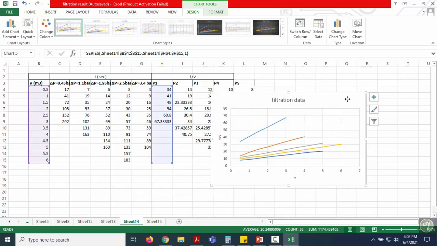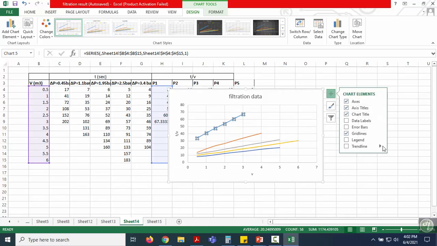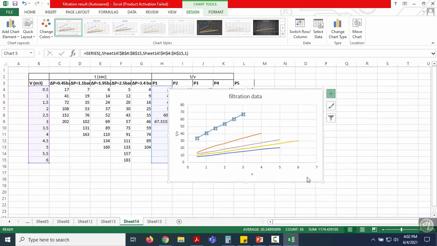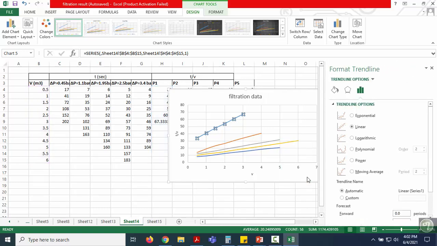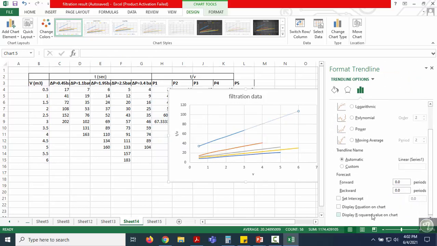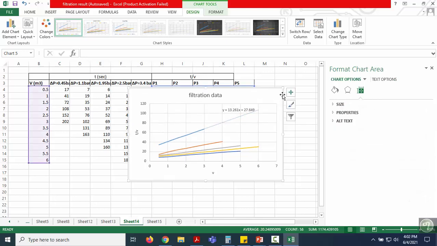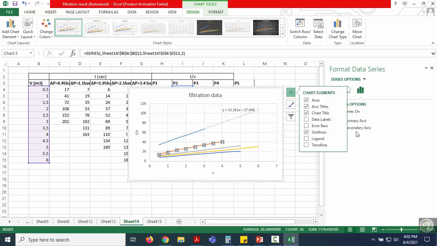For example, for the first one, P1 versus V, you will add equation. Just add equation on chart, and you will get this equation. Then for this one also, you can add.